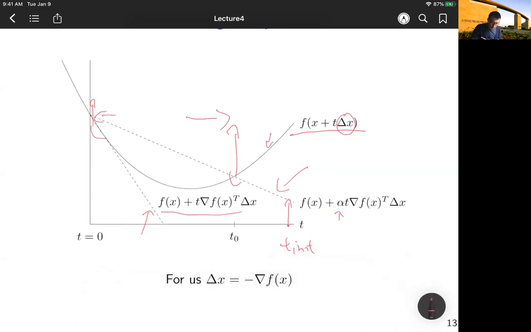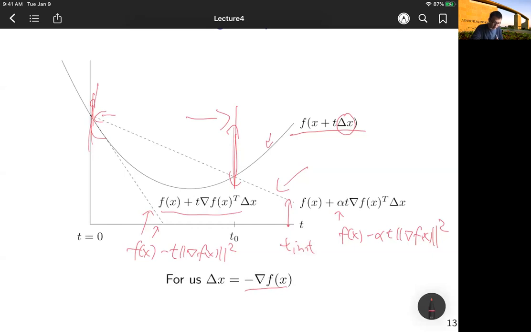Okay, so when we take delta x to be the negative gradient direction, we can see that this becomes f of x minus alpha t gradient f of x squared, right? And this becomes f of x minus t gradient of f of x. Notice that, like I said, this region is the region of interest where we want to find a particular learning rate that works.